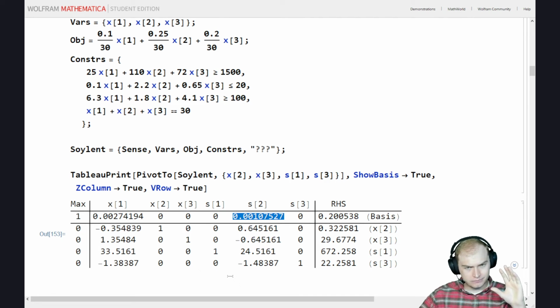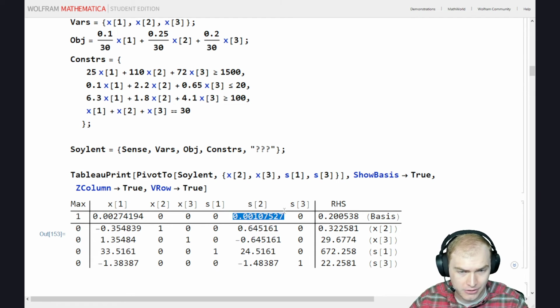The tableau of the dual is actually just sort of the transpose and then flip of the tableau of the primal. That's what I find neat about this. But what's useful about this is we have our shadow prices in the tableau right here.